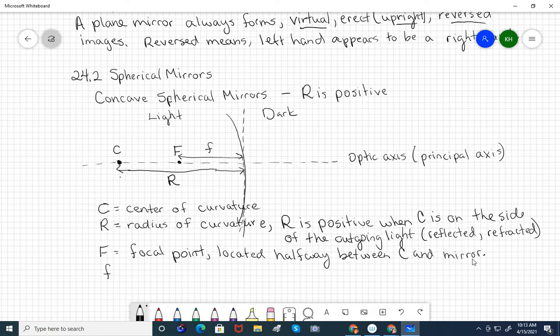And F is something called the focal length. That's very important in our calculations. F is exactly equal to 1/2 R, or R divided by 2. Okay? So if I have a concave spherical mirror, R is positive and F is positive.